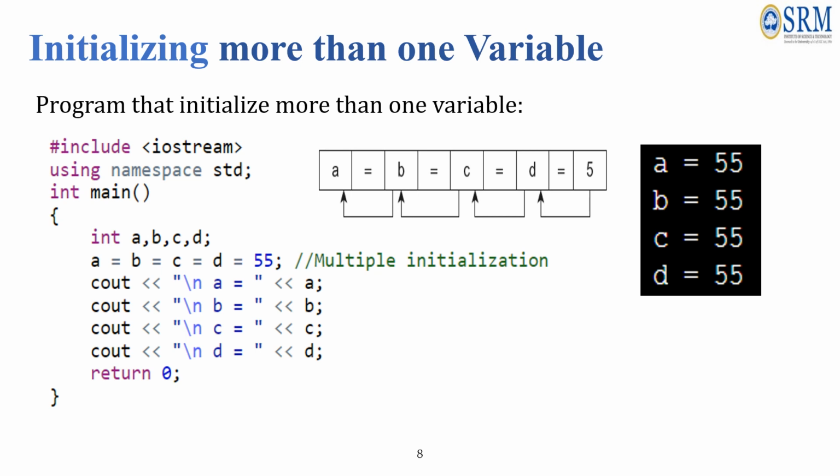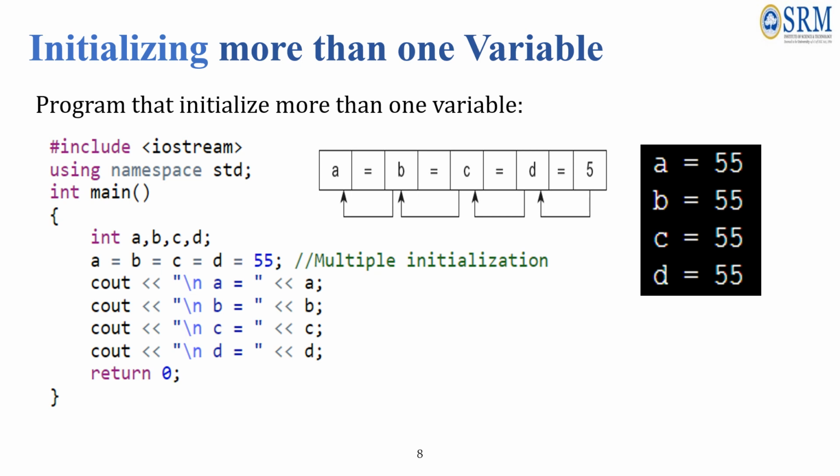You can check this figure. Here 5 is assigned to d, and now the value of d is 5. Then the chained assignment is done to c, so c will hold the value 5, and this carries over until it reaches a. So a, b, c, and d will all have the value 5.